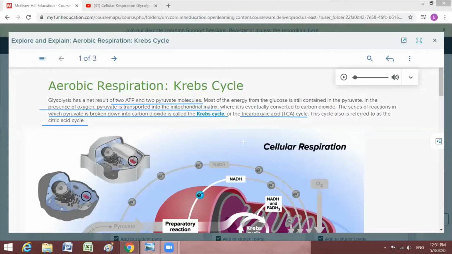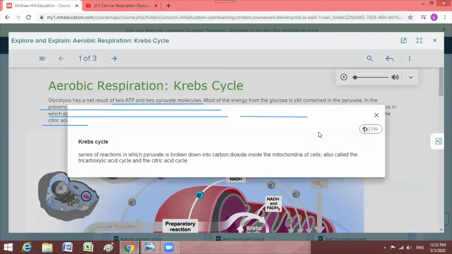Those 3 are the same process, the same reaction, but they are given different names: citric acid cycle, Krebs cycle, tricarboxylic acid cycle.